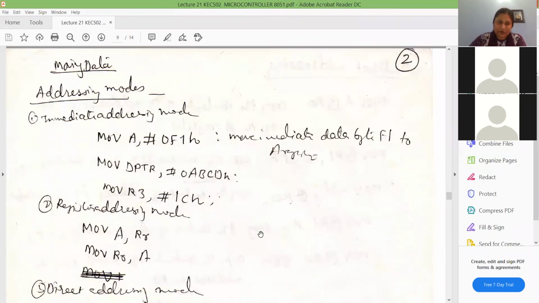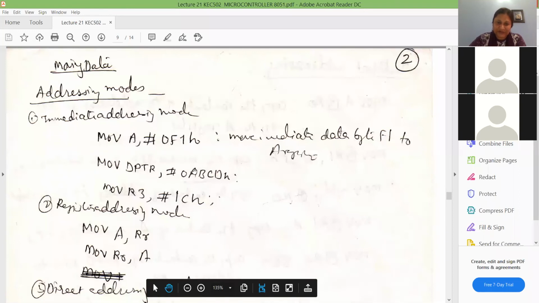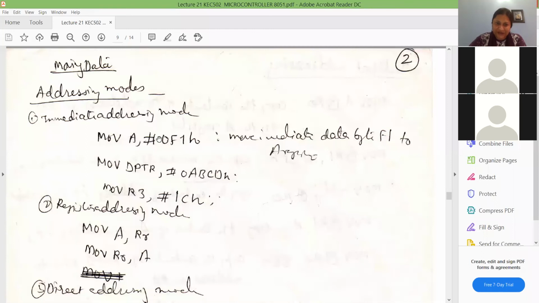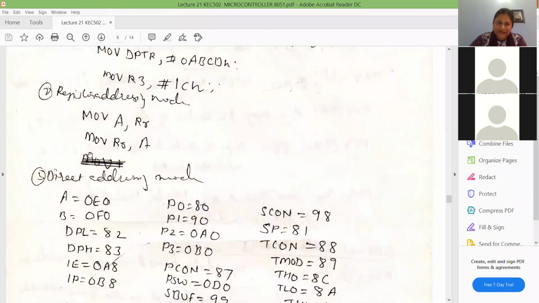So we'll see the addressing modes once again, because now you will understand. If I use hash sign, then this is immediate addressing mode. If I use registers, then this is register addressing mode.